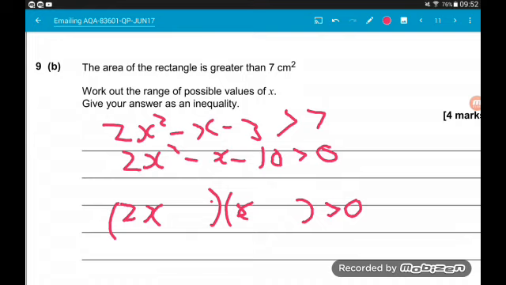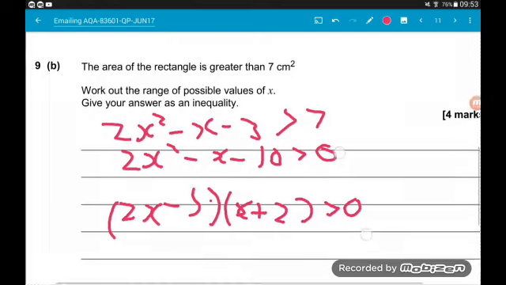So, for example, here we could do x plus 2, like that. Now that plus 2 is going to multiply with 2x, which is going to give us 4x. So if we then whack a minus 5 in there, we get minus 5 times x. So minus 5x plus 4x gives us that minus 1x as we need it to.